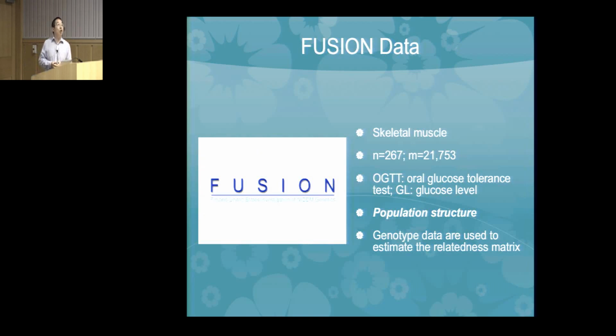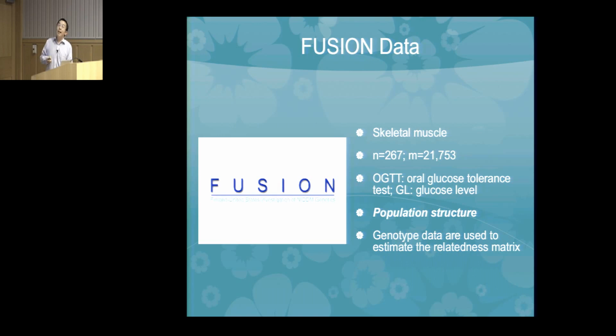The second data we look at is the fusion data. It's a study of Finland and the United States investigation of NIDDM genetics. They collected a relatively large RNA sequencing study with skeletal muscles, on 267 individuals, and they measured 21,000 genes.